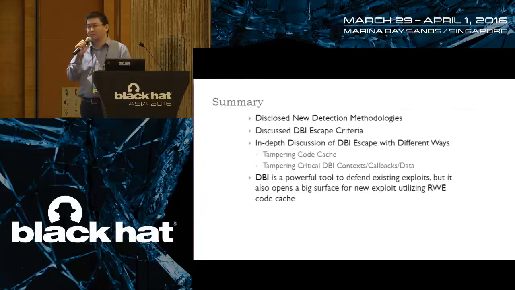We want to show that it's very straightforward, very easy, right? Previously, I think lots of people thought DBI escape was pretty hard. That's actually very easy. DBI is a very powerful tool to defend against existing exploits. But if you use today's implementations to do the defense, then you actually bring another big attack surface, which causes lots of trouble, right?